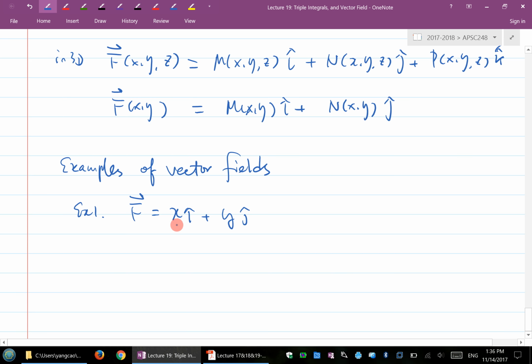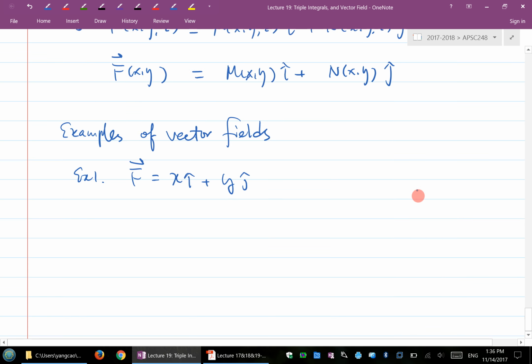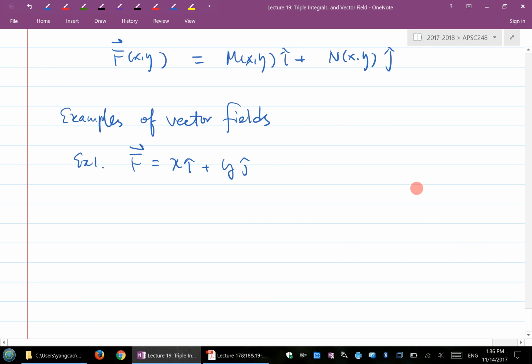The first component is just x only. The second component is y only. Let's say I'm going to sketch this vector function. How do I sketch this? I will plug an x, y value into this vector function. Let's plug in x, y equal to 1, 1 over here.